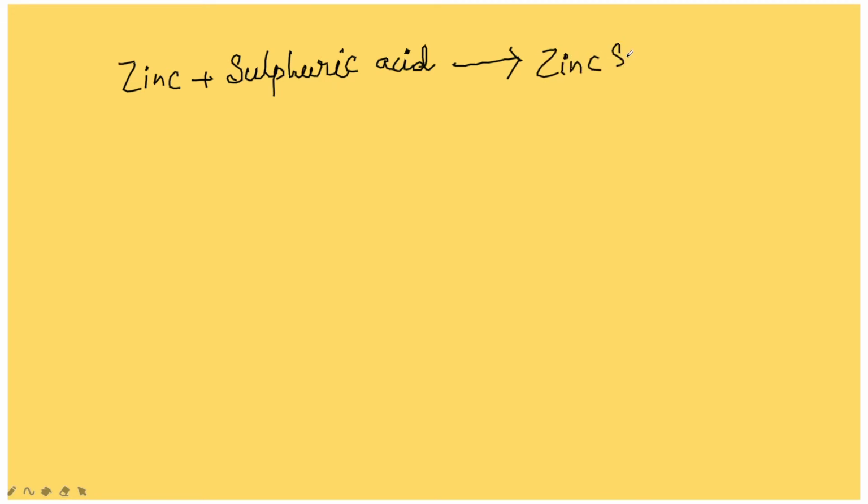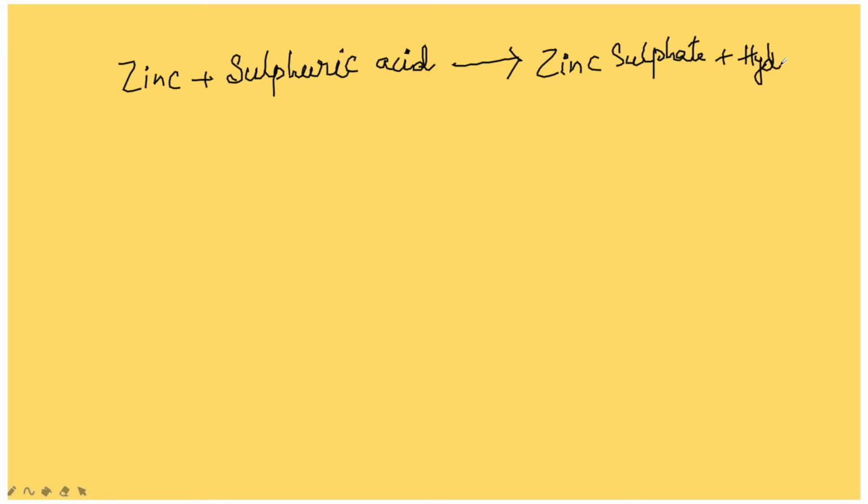So yesterday one more reaction we discussed, zinc. Zinc plus sulfuric acid, what it gives, you can write in the chat box. It gives rise to zinc sulfate plus which gas?